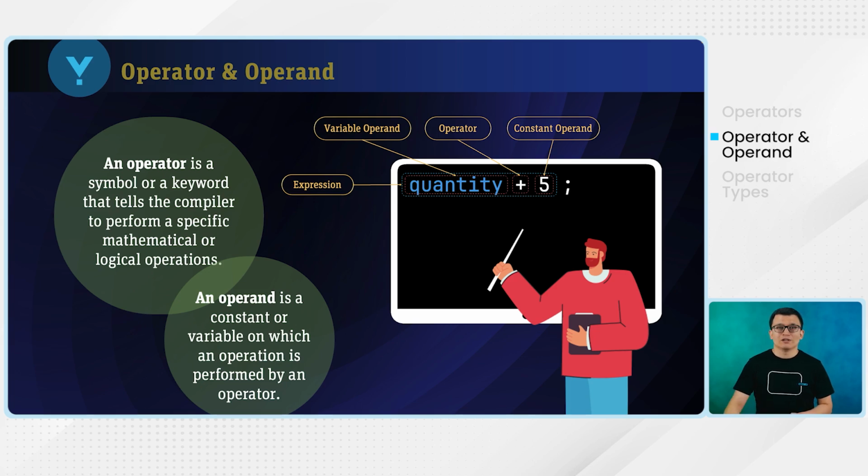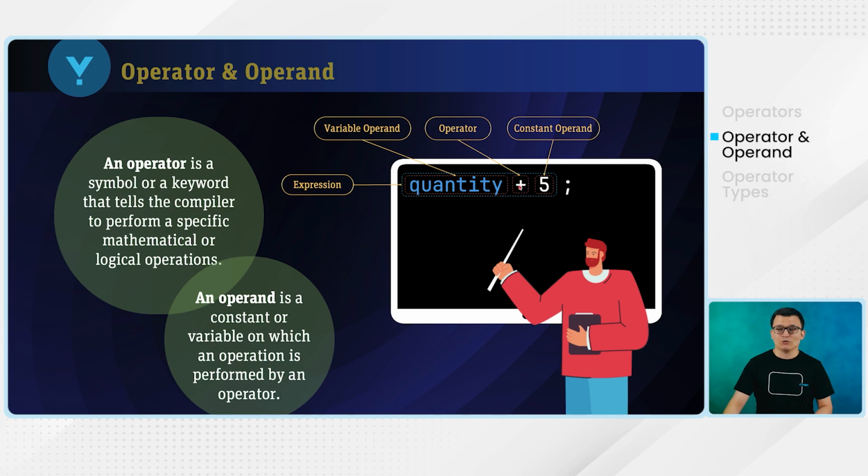And the computations need to be performed on the operands. The definition of an operand is that it is usually a value, a constant value or just a regular value, or a variable on which an operation is performed by an operator. So you apply the operator to an operand, or two operands, or multiple operands, and then the operator is going to perform the operations on those operands and return you the new result at the end.